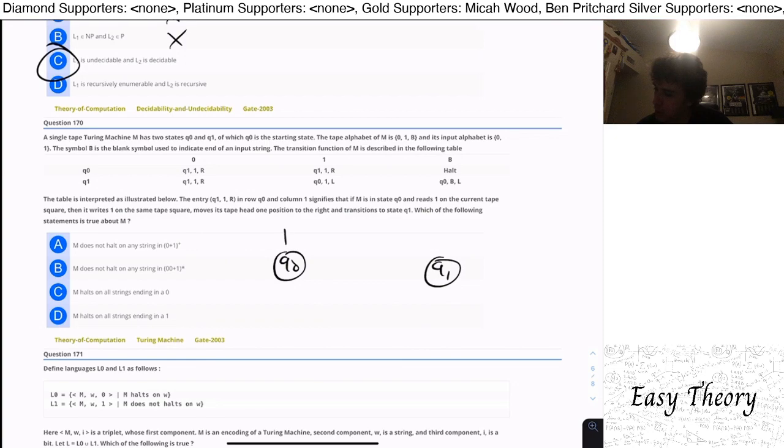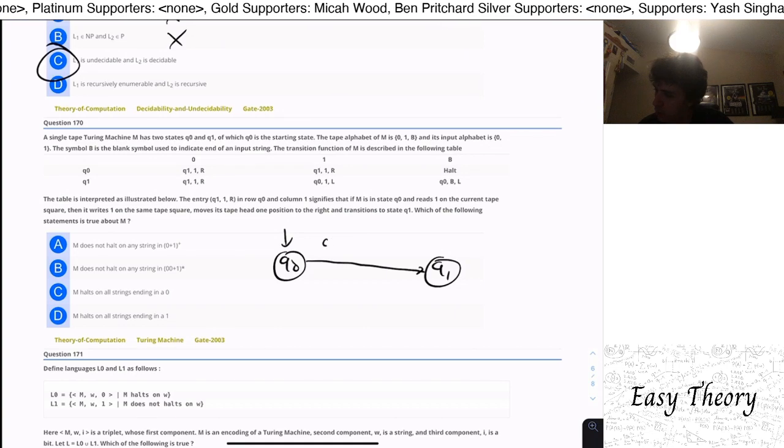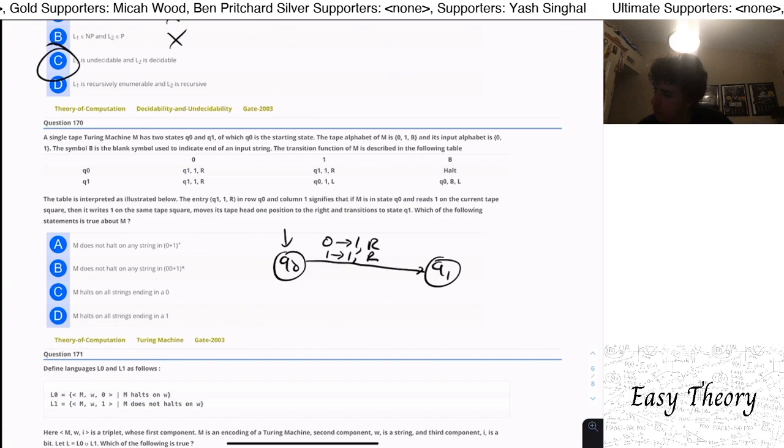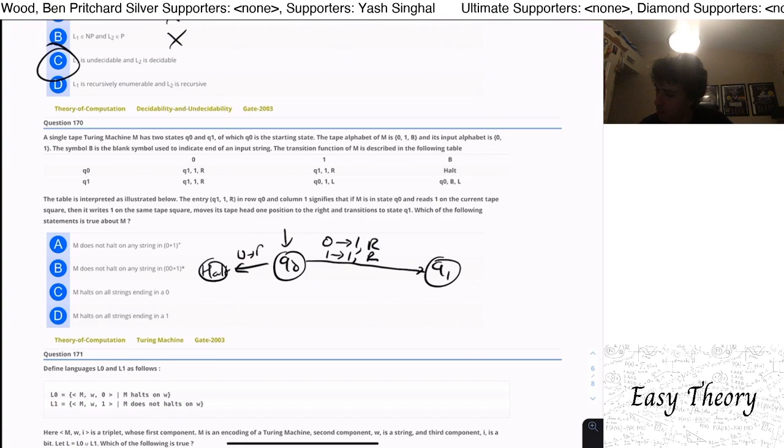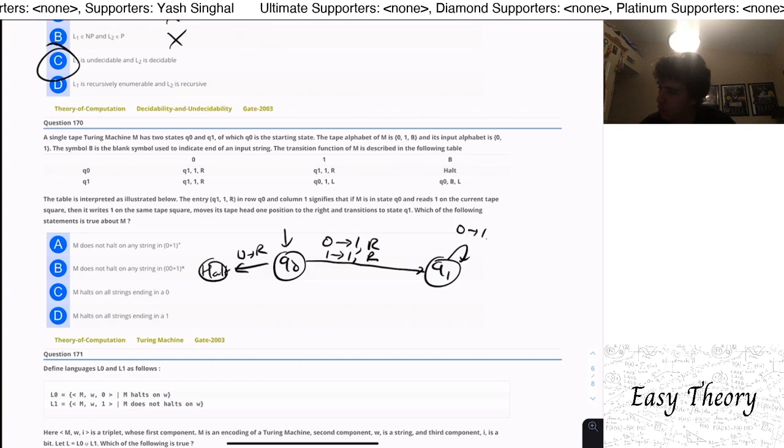So let's say Q0 is the start state. On input 0, it writes a 1 and moves right. On input 1, it does almost the same thing. And on blank, it goes to a halt state. Q1 will stay there.